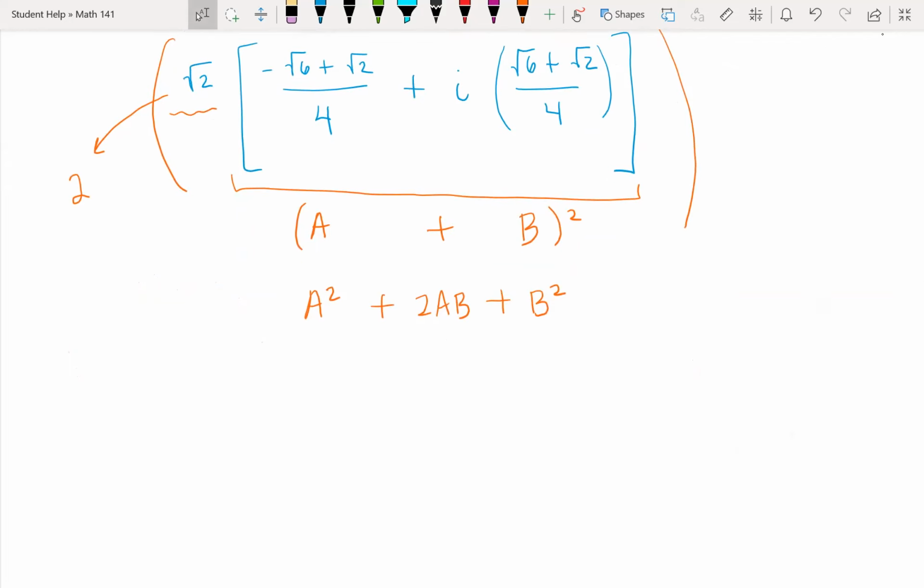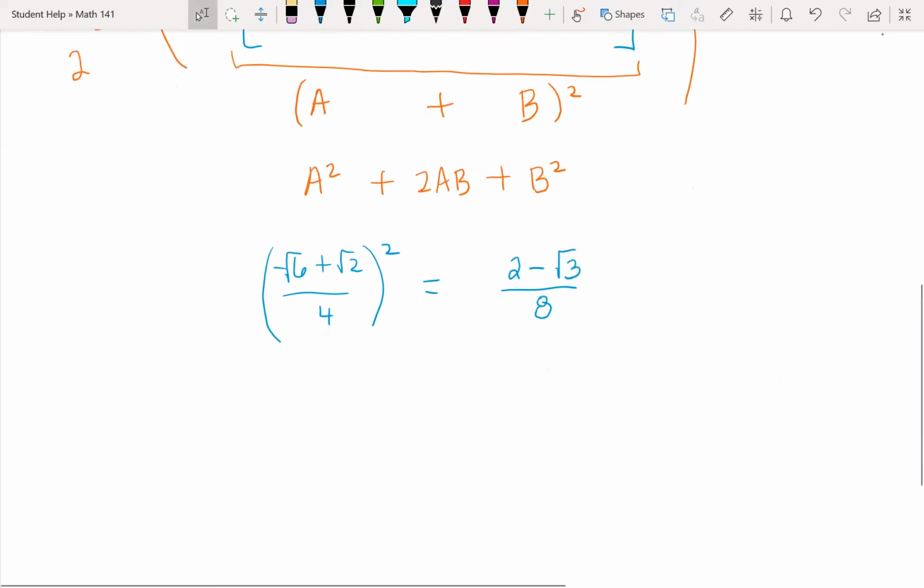I think you can do a lot of this in the calculator as well. If I square this first part, negative root 6 plus root 2 over 4, this part squared, I end up getting 2 minus the square root of 3 over 8. If I square that second part, that's a negative. It's kind of hard to see.